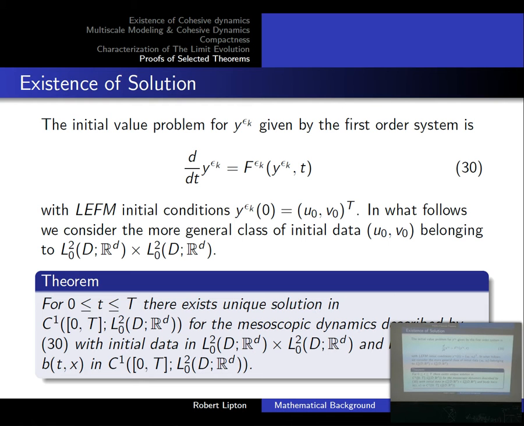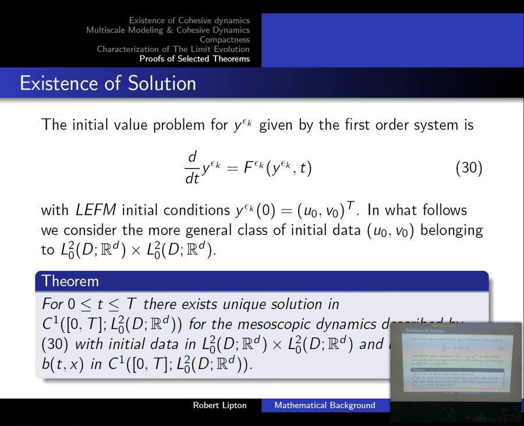and we can then rewrite the second order system as this first order system. Okay. And in fact, we take our initial conditions to be consistent with linear elastic fracture mechanics initial data. On the other hand, SBD fits right into SBD2, which fits into L2, so we could actually consider L2 initial data, displacement and velocity. So more generally, we could consider that.